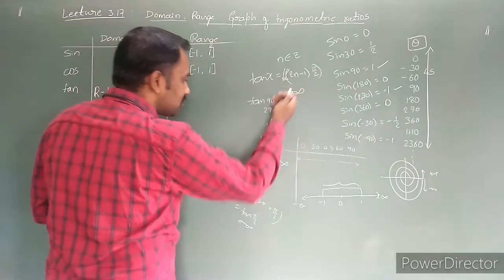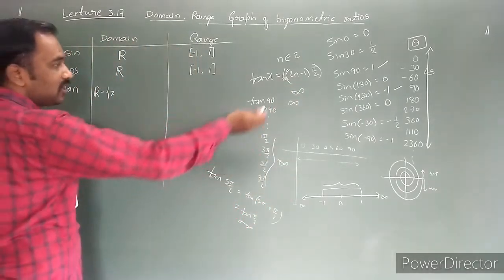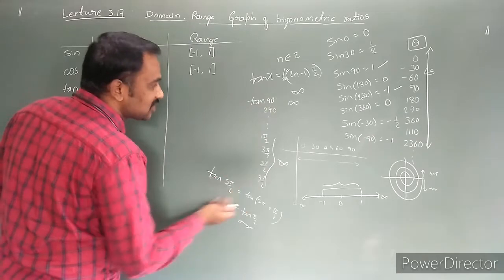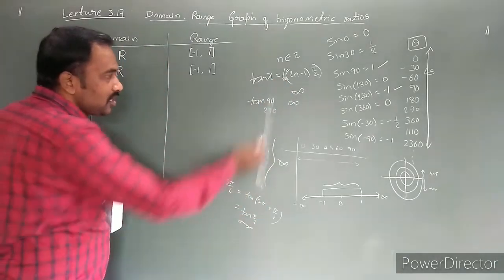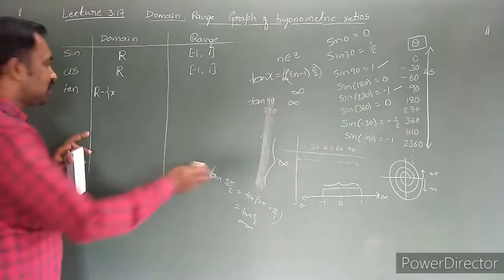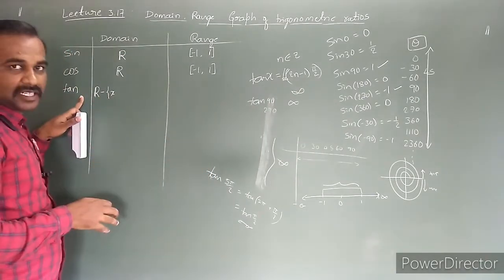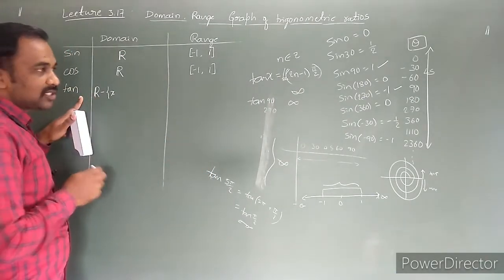So neglecting means I am not considering these angles or numbers, that is, they are subtracted from the whole real number set.